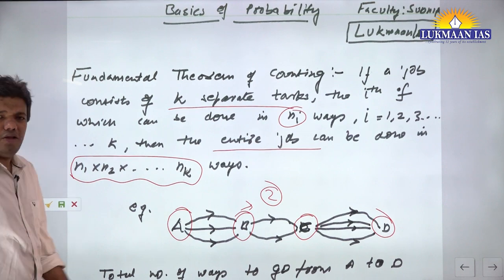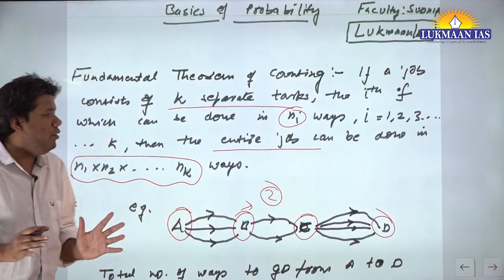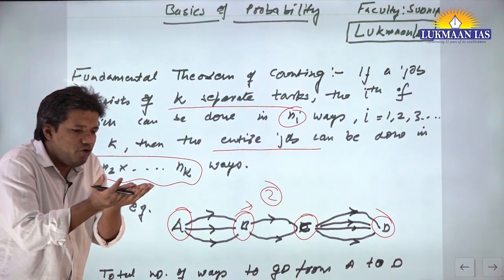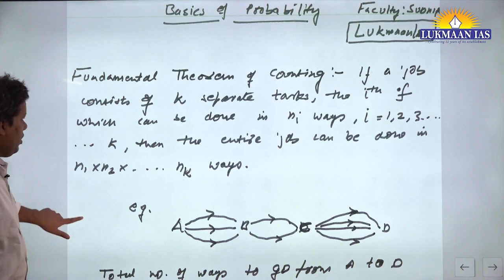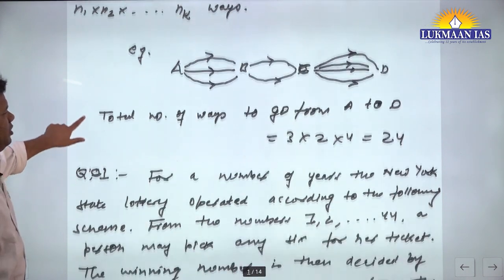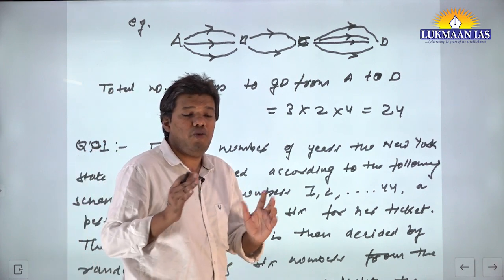This is the fundamental theorem of counting. Even a class 5 child will understand. If you understand this, your very foundation of probability is now ready.